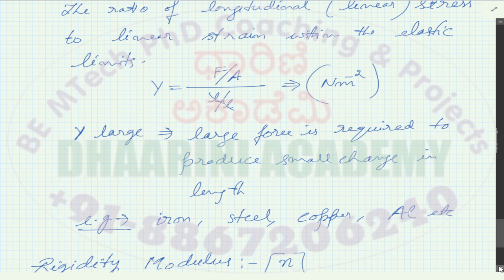It means you have to supply a very large force to produce a very small change in the length of that material. Aluminum, copper, steel, iron, etc. require huge force to change their shapes or length. That's why the Young's modulus of those metals is very high. At the same time, if you find this Y very small, you require very little force to change their length. Plastic, exactly.